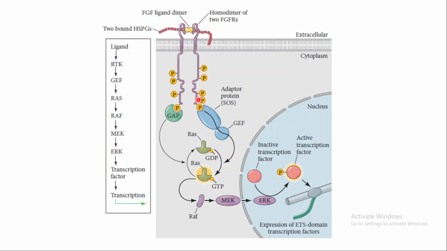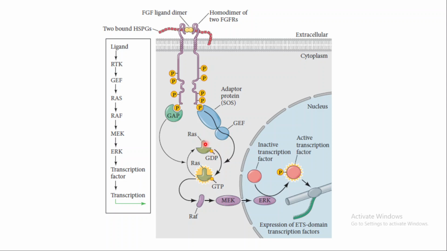The phosphorylation on these receptor tyrosine kinases can harbor adapter proteins like SOS, which can then activate GEF, which is a guanine nucleotide exchange factor. GEF protein and GAP protein act in tandem to change the state of another important protein called RAS.